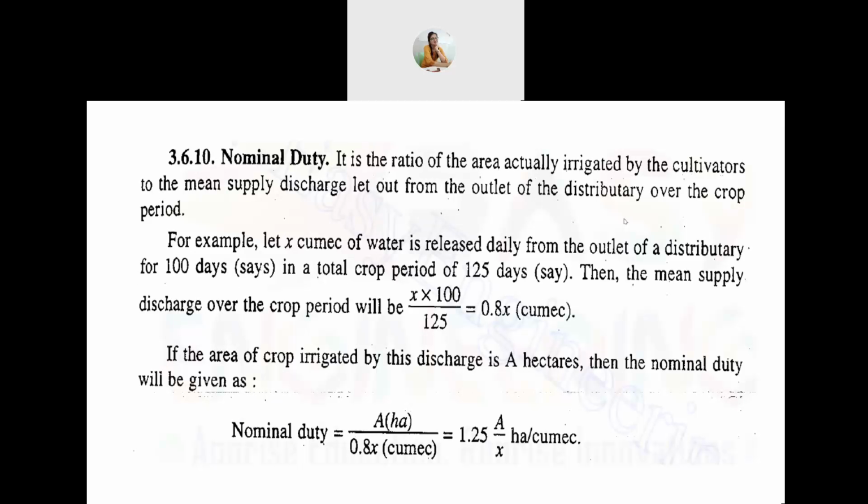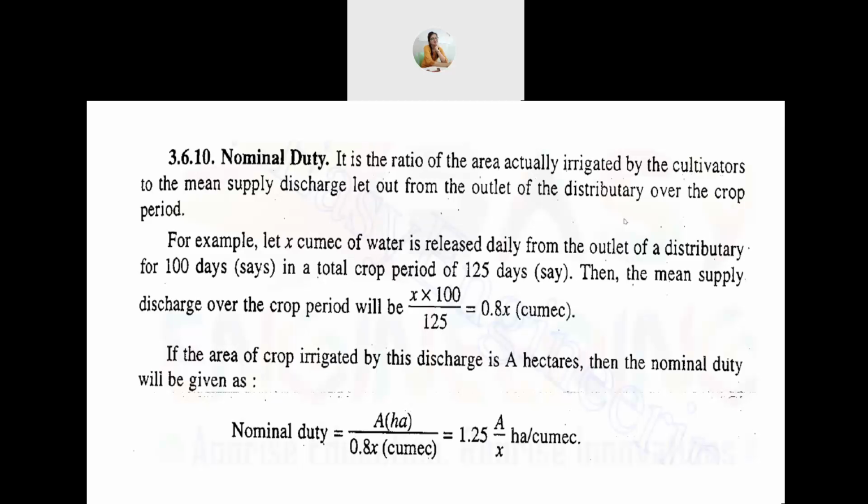Next, nominal duty. It is the ratio of the area actually irrigated by the cultivators to the mean supply discharge let out from the outlet of the distributary over the crop period. For example, let small x cumec of water be released daily from the outlet of a distributary for 100 days, say in a total crop period of 125 days. We assume this period.